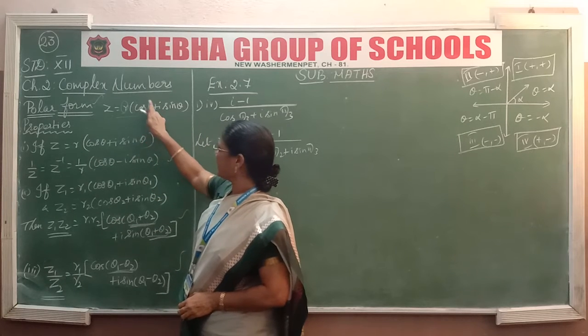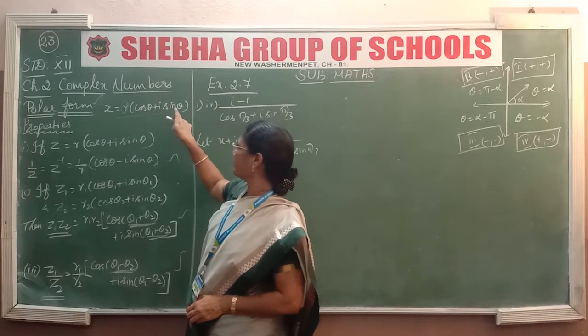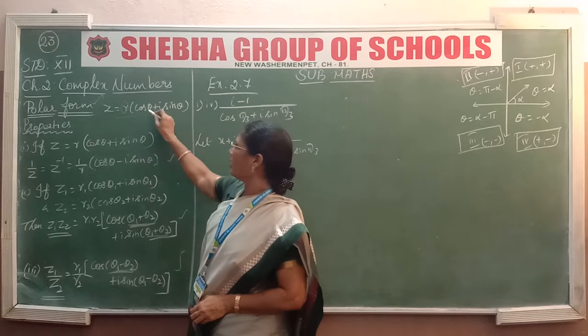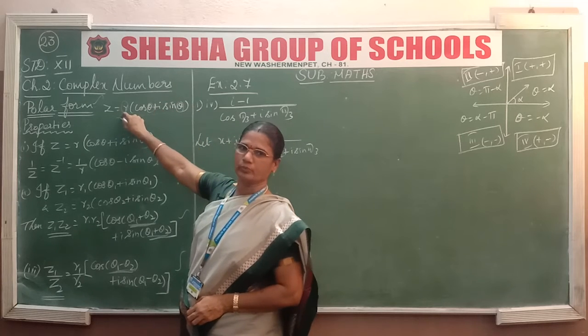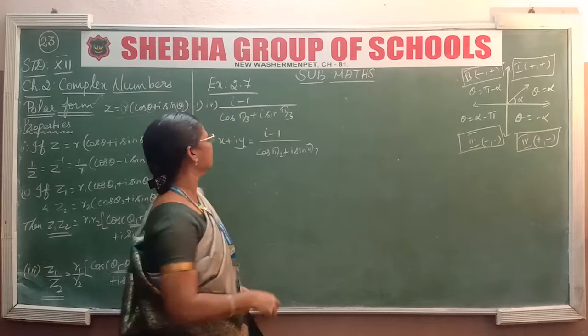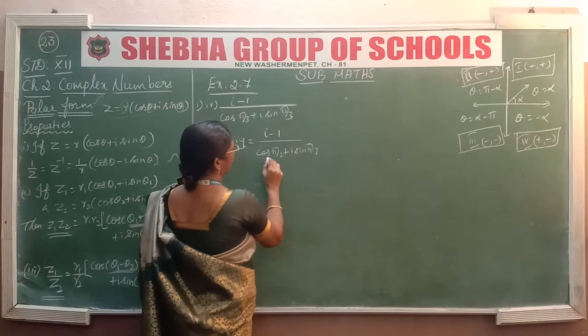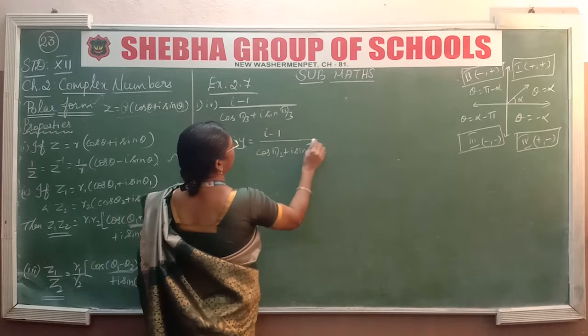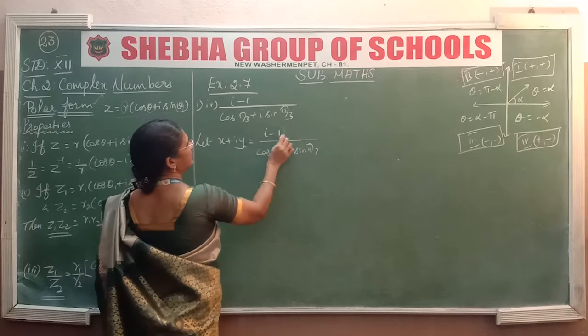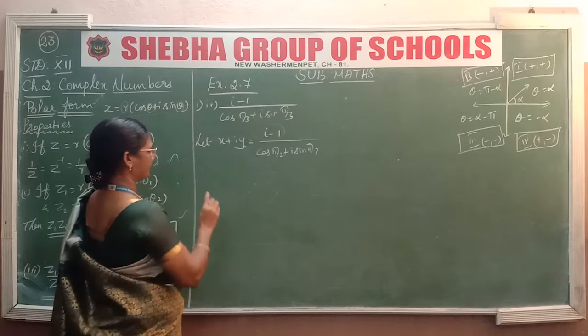Our real part is cos and imaginary part is sin. Also the arguments are the same and both are positive. Keep this in your mind. Here also, this is our real part cos and this is our imaginary part sin. This is true. Next we find this in the form of polar.